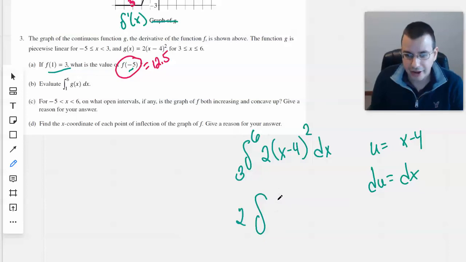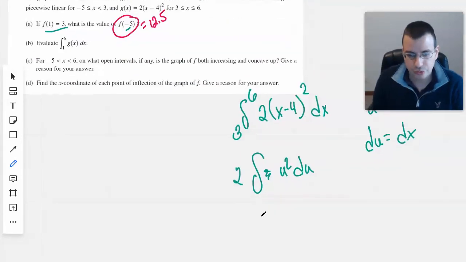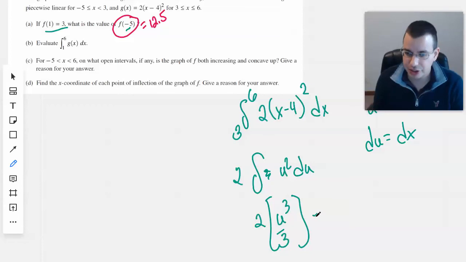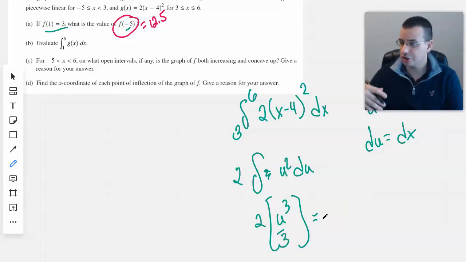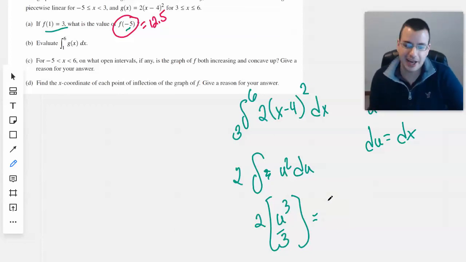So we have du equals dx. This is then the integral of u squared du, which is 2u cubed over 3. You can see how I purposely left off the limits of integration there, because I'm going to go back to x, and I don't need to convert them over.